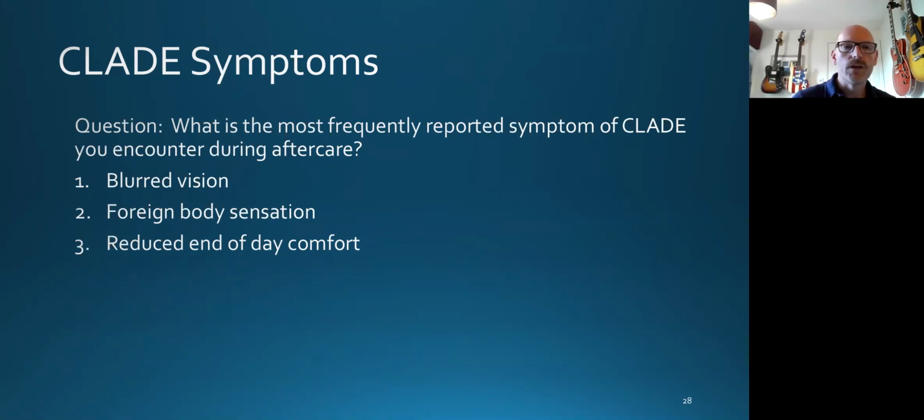So another question for you. What's the most frequently reported symptom of contact lens associated dry eye that you encounter during your aftercare? So we've called out 3 here. Option 1, blurred vision, 2 is foreign body sensation, and 3 is reduced end of day comfort. Okay, taking a quick swig of water there.